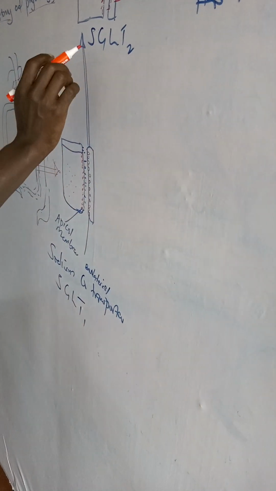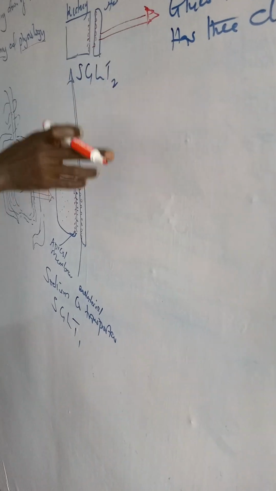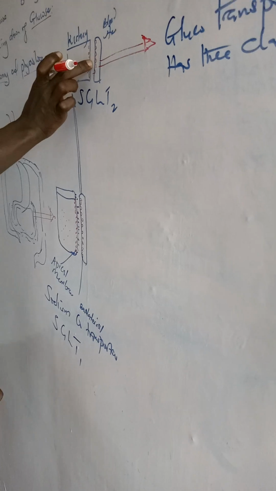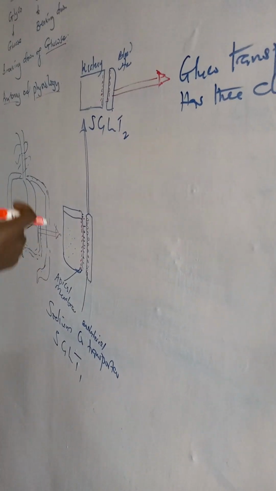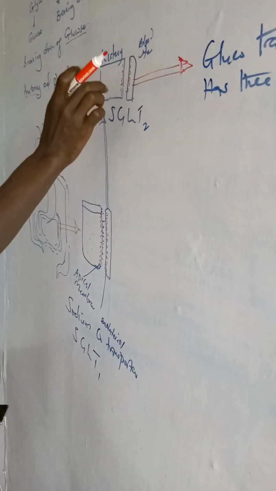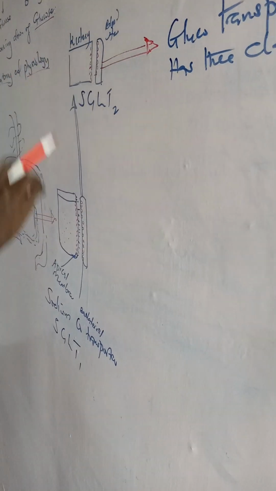At the same time, they can also be given sodium glucose transporter 2 inhibitors. This will reduce the amount of glucose entering the kidney, and will also reduce the amount of glucose reabsorbed back into the bloodstream through the renal tubules.